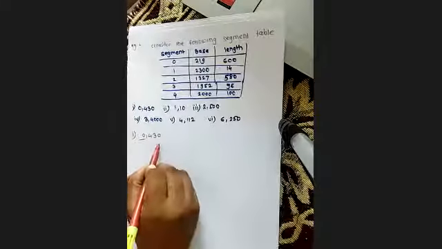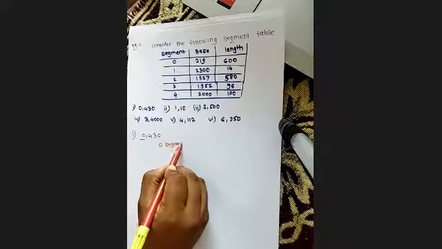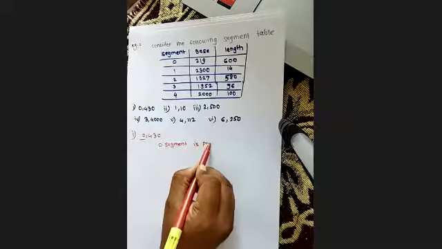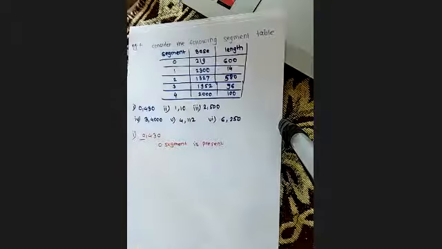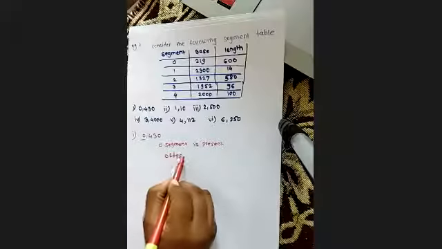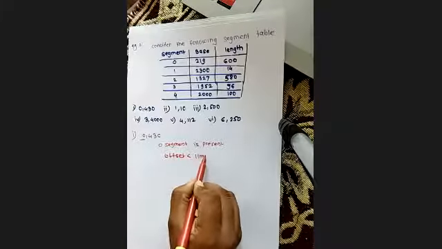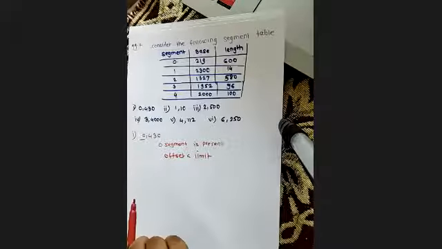Okay, so 0 segment is present. Fine. After this, what will we check? If the offset is within the limits. Yes, whether the offset is smaller than or equal to the limit or not.